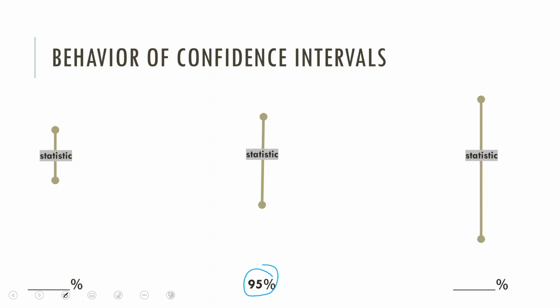The statistic that we're estimating is somewhere within this upper bound and lower bound, and we're 95% confident that the true population statistic is somewhere in that range.